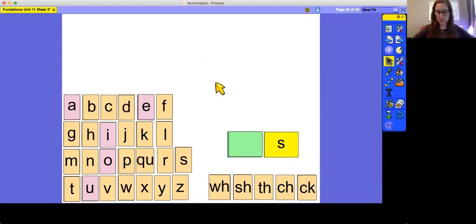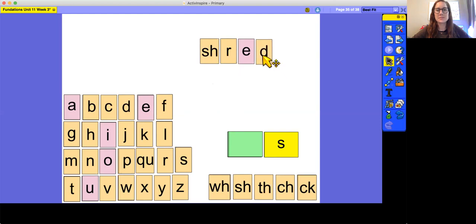Next, we've got the word shred. Shred. First sound, sh, sh, sh, r, e, sh, r, d.